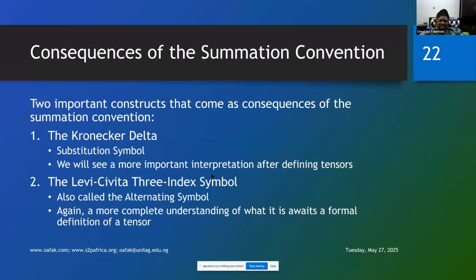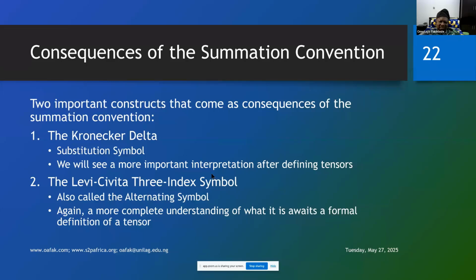Now, there are consequences of the summation convention. Because of the summation convention, there are 2 very important constructs that come about. The first one is called the Kronecker delta. It's also called the substitution symbol. We will see a more important interpretation after defining tensors. And the second thing is the Levi-Civita 3-index symbol, also called the alternating symbol.